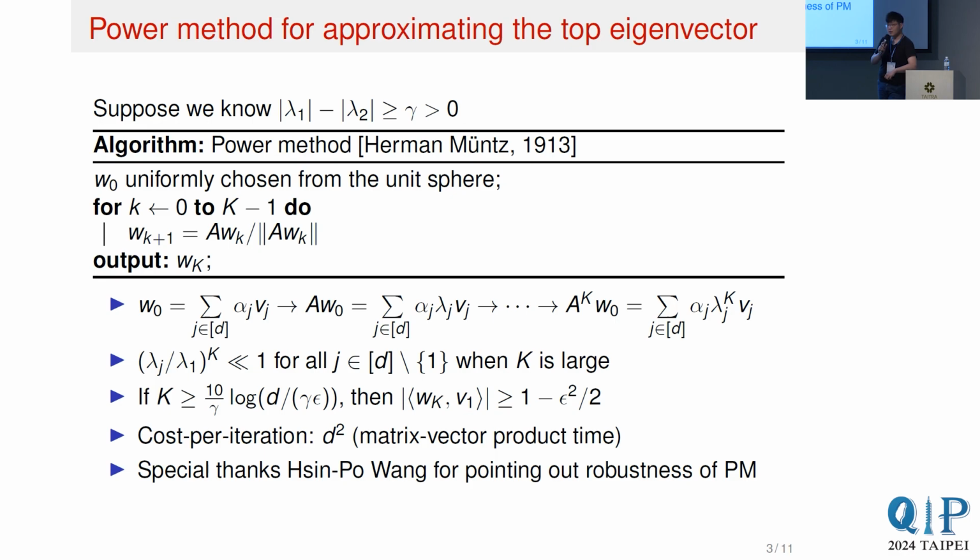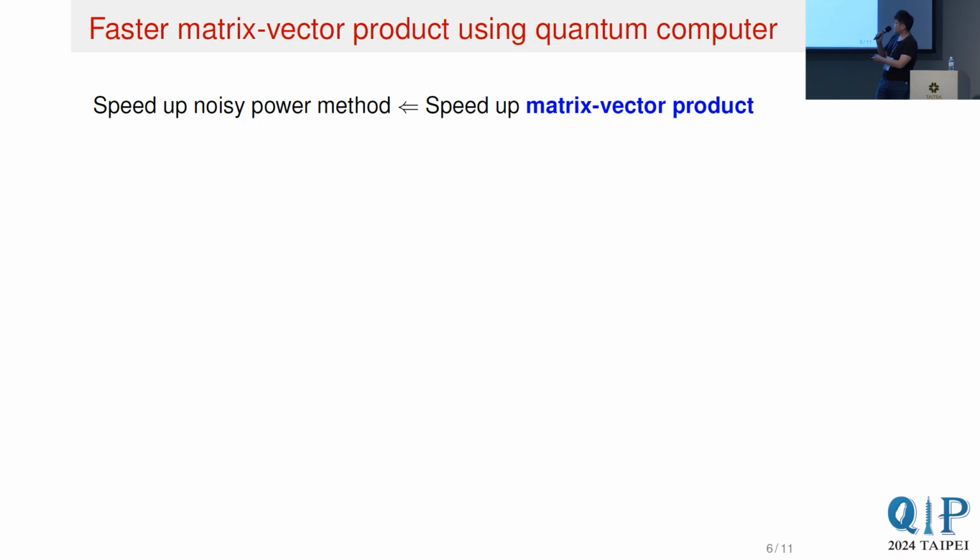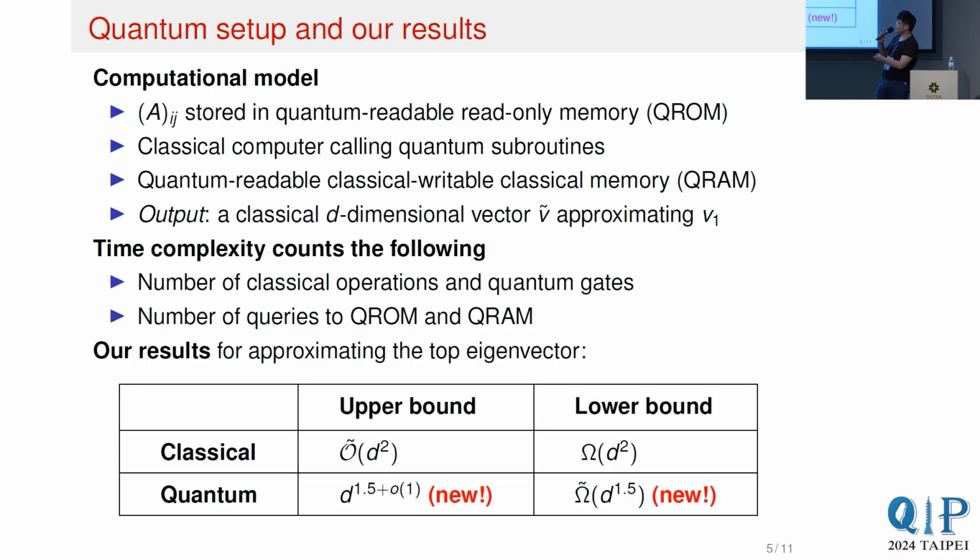So my question is, do you know how it compares to other algorithms for ground state preparation of Hamiltonians? Yeah, I think for ground state preparation of a Hamiltonian, you want to prepare a quantum state, right? But here, our output model is that we want to know the classical description of the eigenvector. So it's not exactly comparable, to be honest. Yeah, I see. Thank you.